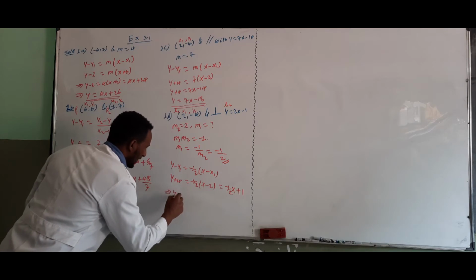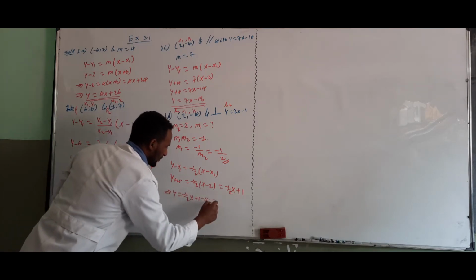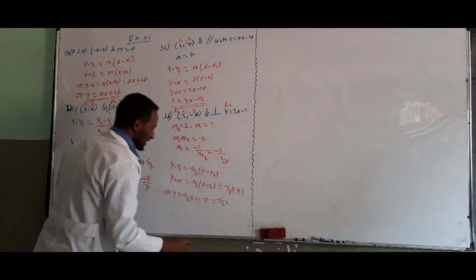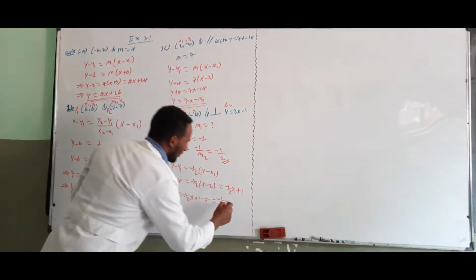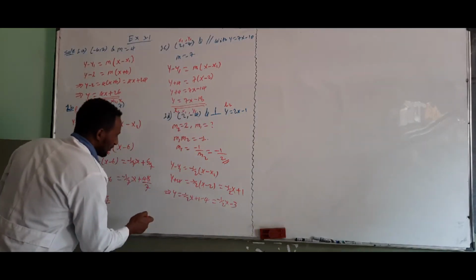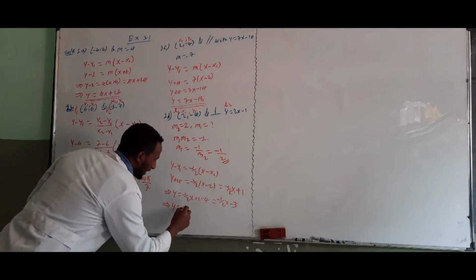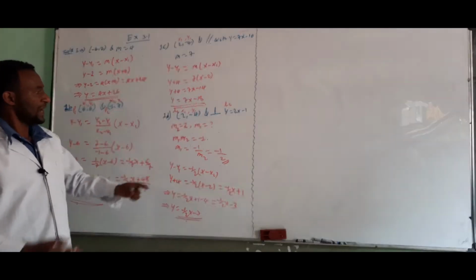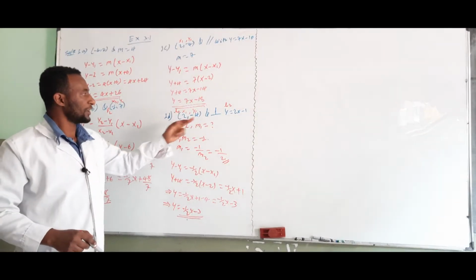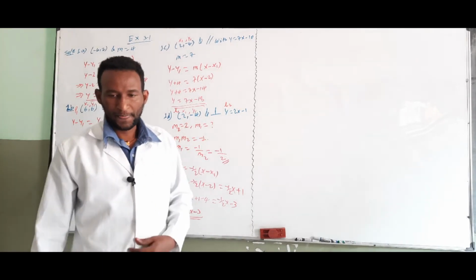This implies that y is equal to negative 1 over 2 x plus 1 minus 4, which is equal to negative 1 over 2 x minus 3. This implies that y is equal to negative 1 over 2 x minus 3 is the equation of the line that passes through this point and is perpendicular to this line.